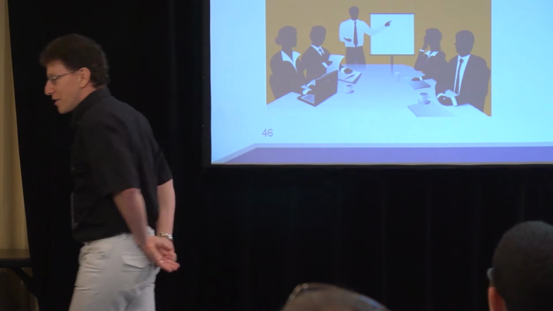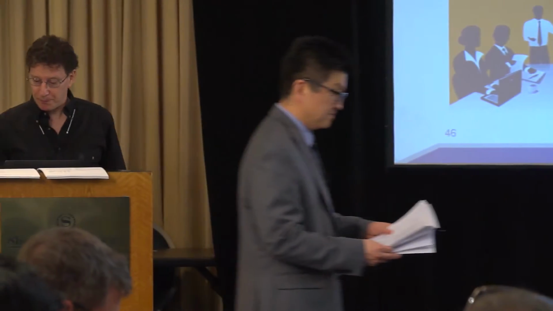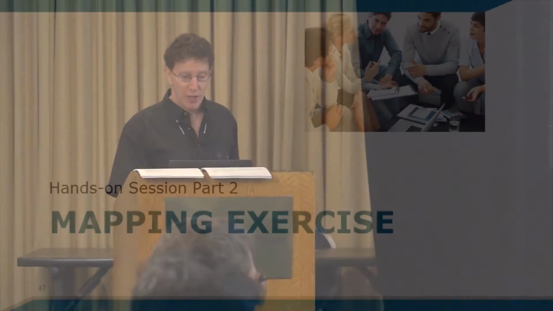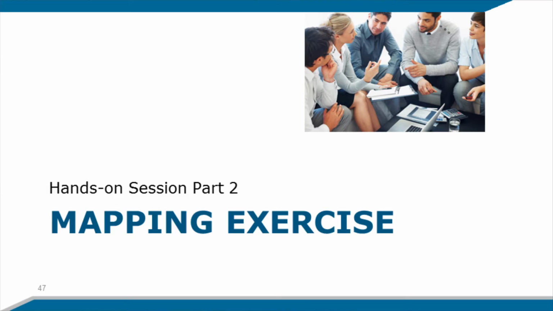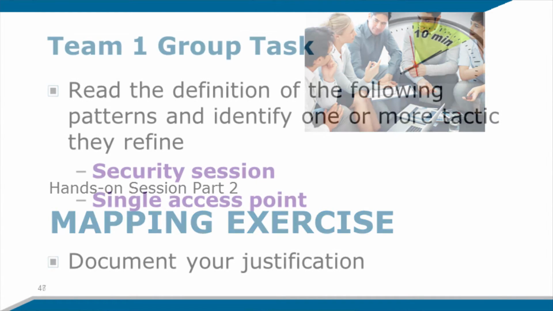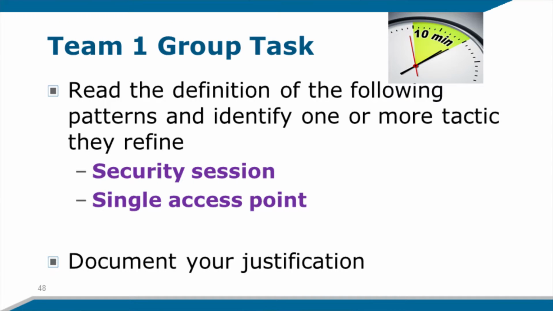Okay, so the next part of the exercise is now the mapping exercise. What we'd like you to do for team 1 is to look at the definitions of two security patterns, security session and single access point, and identify what tactics they're related to.